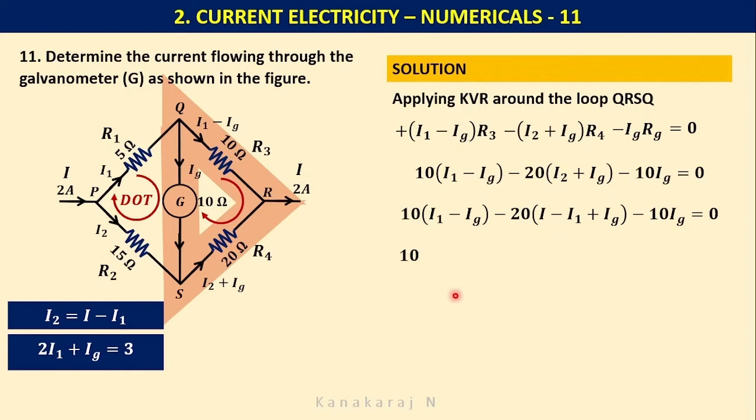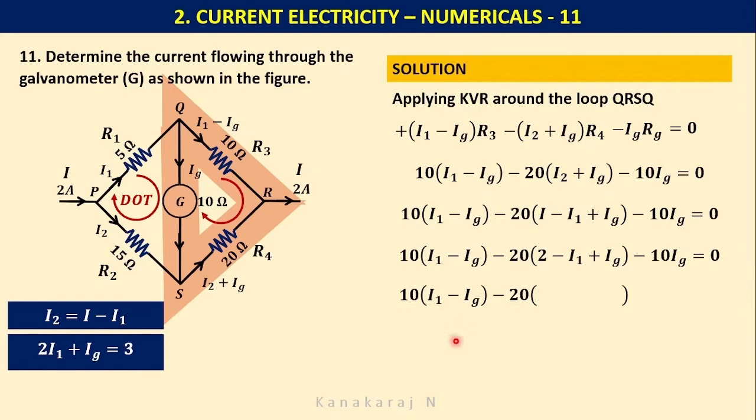So now 10 times I1 minus Ig, minus 20 times, in the place of I I have written 2, minus I1 plus Ig, minus 10 times Ig equals 0. How many I1s are there?